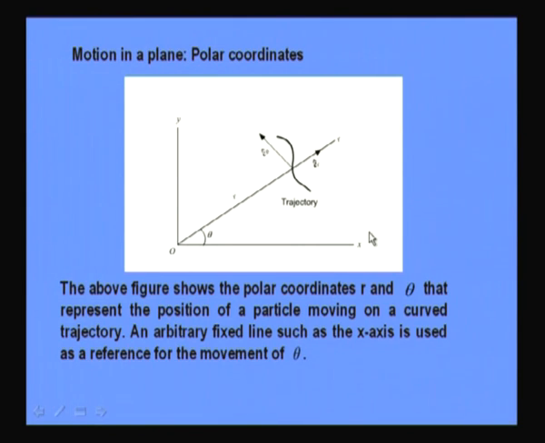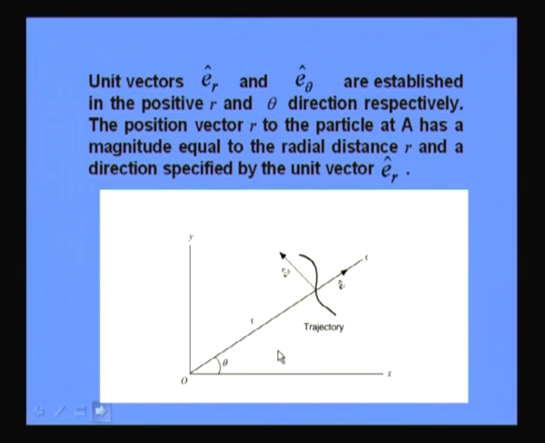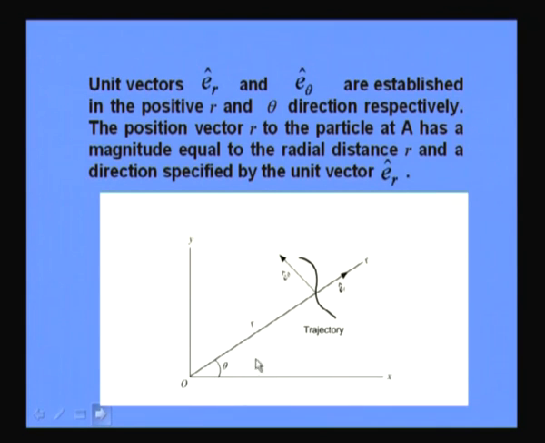The polar coordinates r, theta can be transformed into functions of x and y. Now, we can define unit vectors Er and E theta established in the positive r and theta direction respectively. So, unit vector Er is along the r direction and unit vector E theta is along the theta direction.